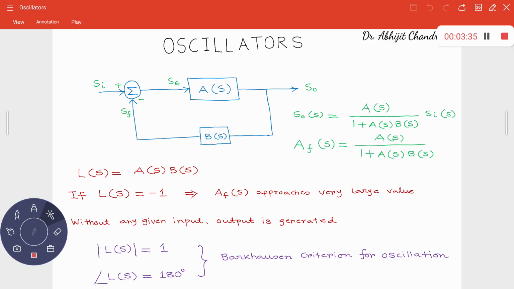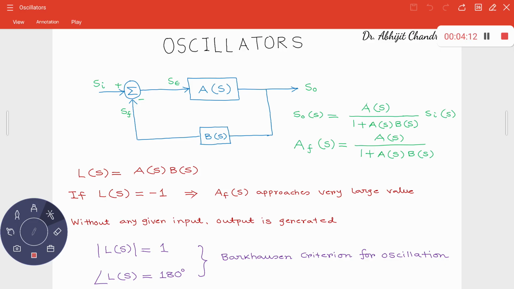Since they are functions of frequency, the gain function in the feed network can be represented as A of S, and the gain function in the back network as B of S. Therefore the output signal S of O is given by A(S) upon 1 plus A(S)B(S) times S of I. As you already know, this is the typical expression for the feedback network, A by 1 plus AB, where A is the gain of the feed network and B is the gain of the back network.